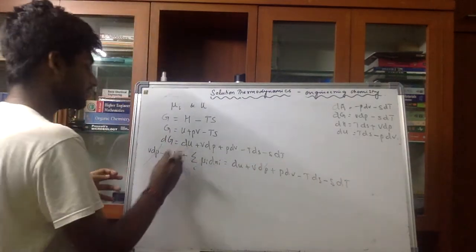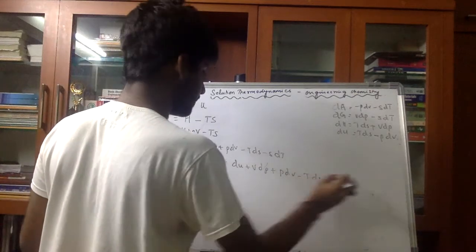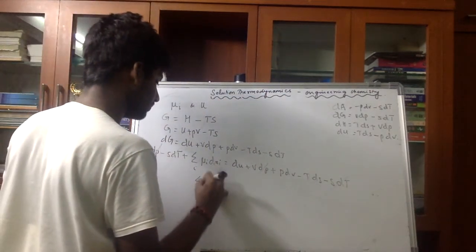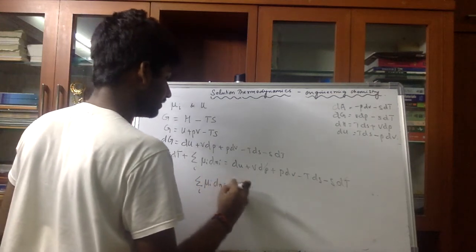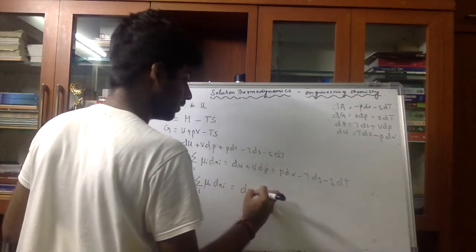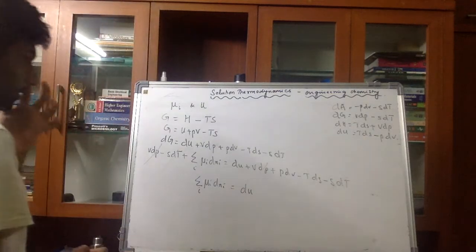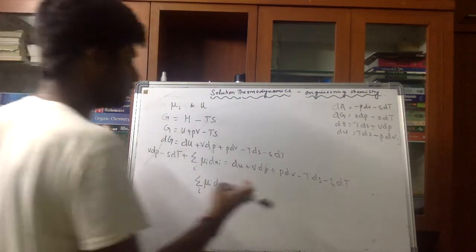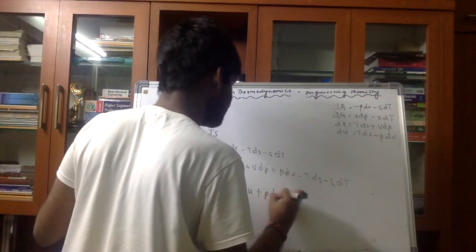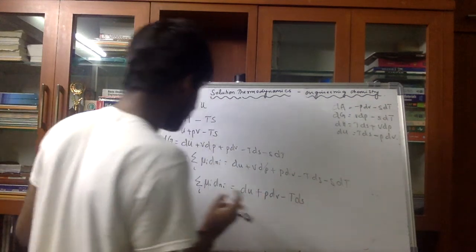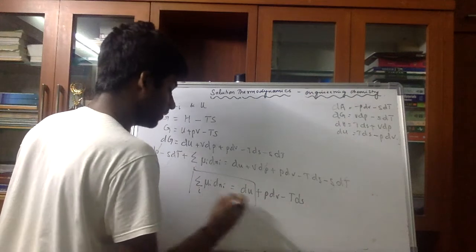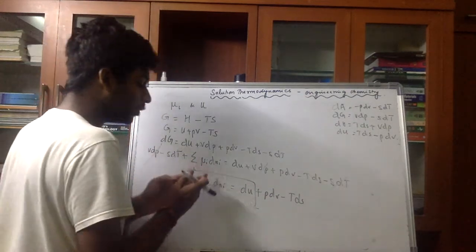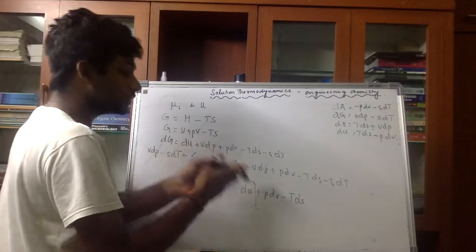VdP gets cancelled, minus SdT and minus SdT get cancelled. So you'll get sigma mu_i dn_i equal to dU plus PdV minus TdS. When will sigma mu_i dn_i be equal to dU?